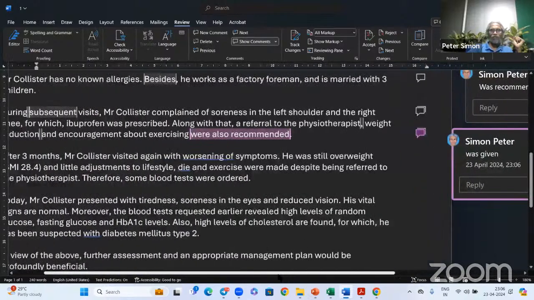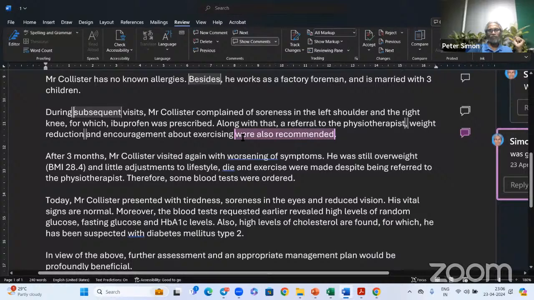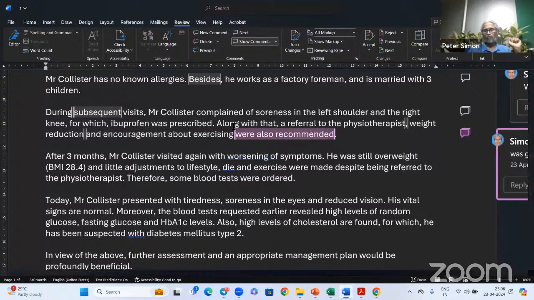Now here you can make this a listing of things. Along with that, colon, a referral to the physiotherapist was provided; semicolon, weight reduction was recommended; and encouragement about exercising was given.